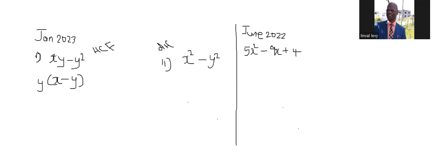So when we have a squared minus b squared and we factorize that, we get open bracket a plus b, into open bracket a minus b.